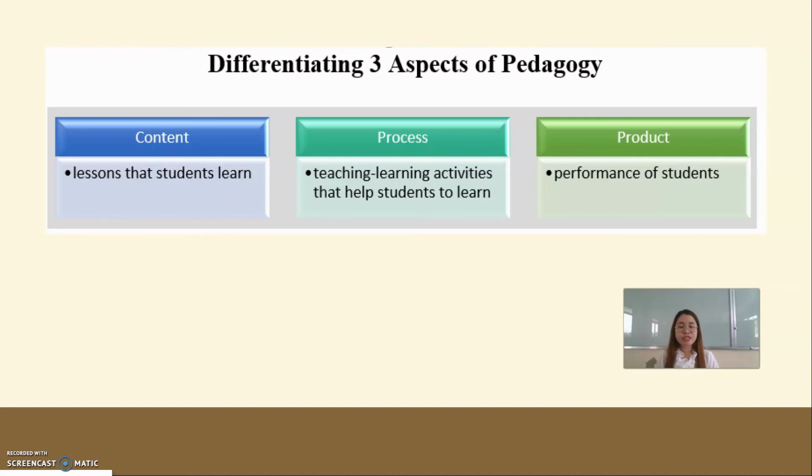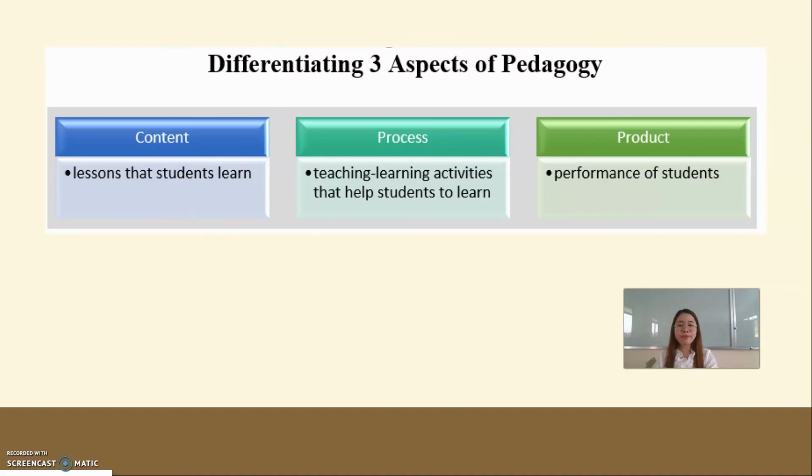Again, let's try to differentiate instruction when it comes to the content, what to teach our students, the process, how to teach our students, and the product, how we assess the learning of our students.